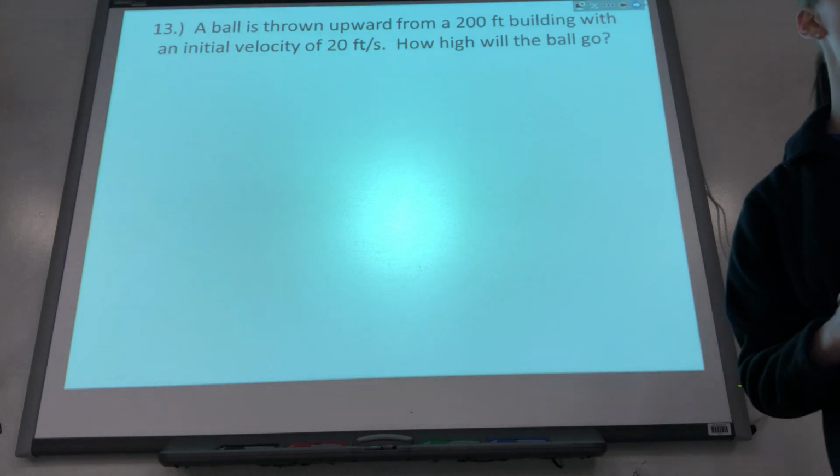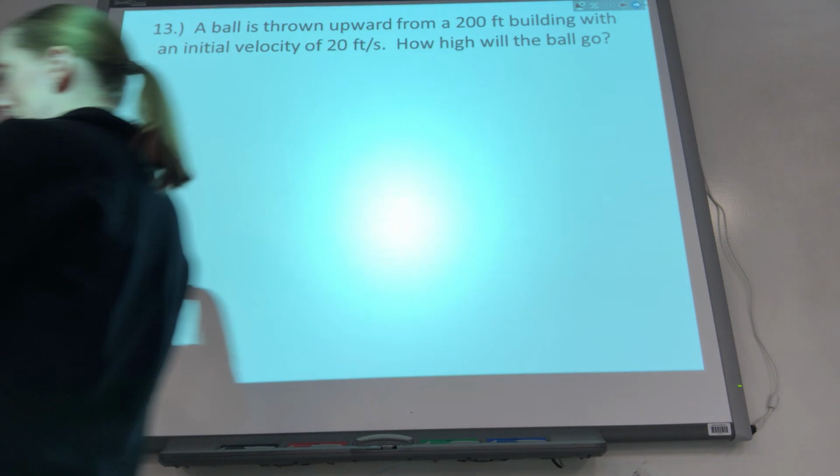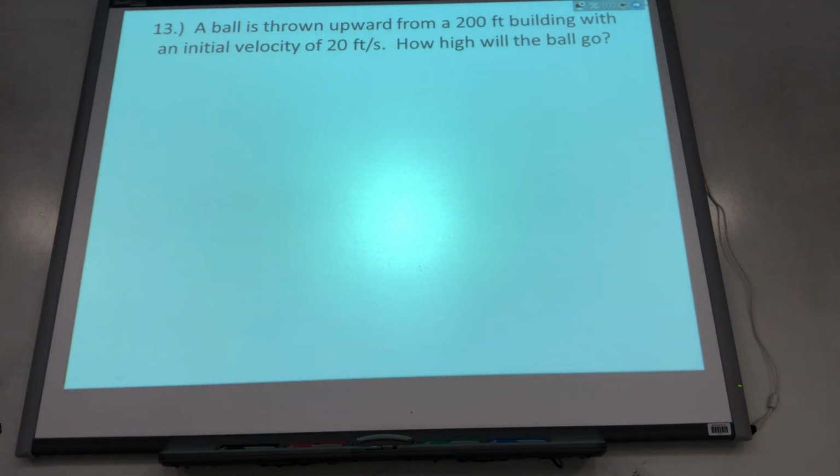But this one says a ball is thrown upward from a 200-foot building with an initial velocity of 20 feet per second. How high will the ball go?